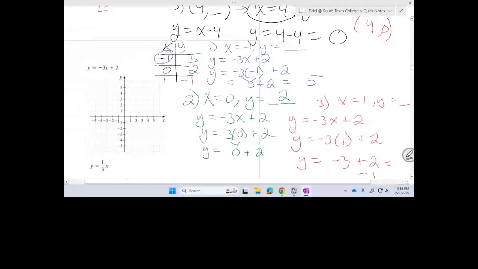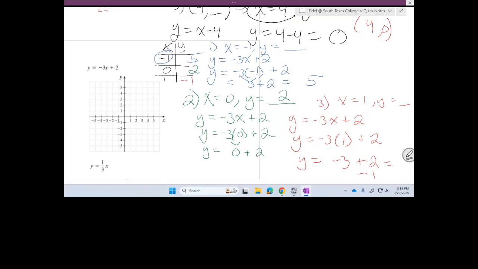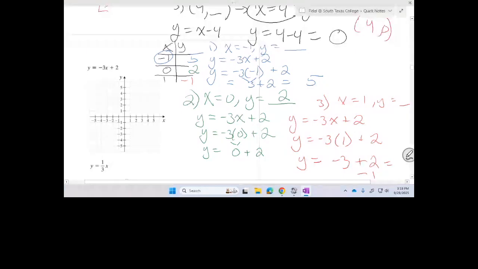Again, y'all, I'm going to go ahead and plot my numbers, okay? So look, when x is negative 1, we got a positive 5, so I'm going to go up. Sorry, it's too far that way. Boom. Negative 1, positive 5, boom, right there. Okay.